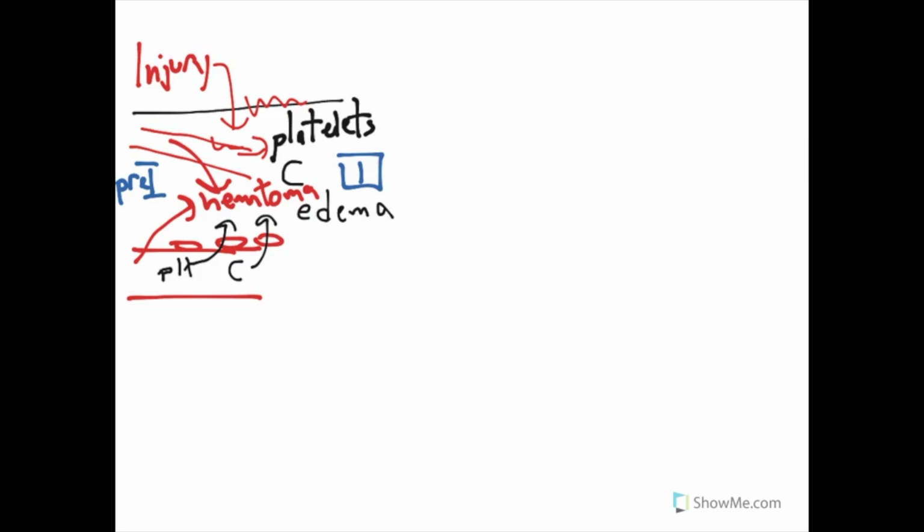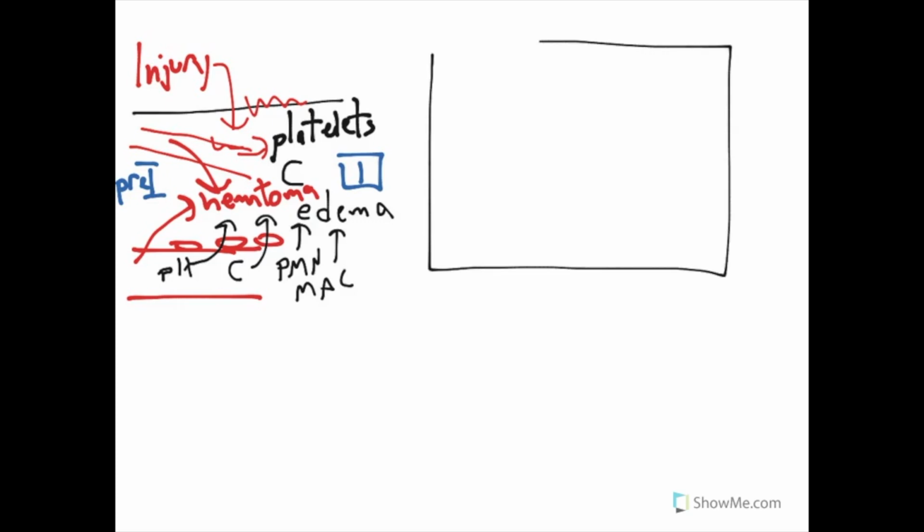This is where there are some other players that come in along with platelets and complement. We have the neutrophils, polymorphonuclear cells. We have macrophages. They all leak into this area, and I'll redraw it as a bigger box right here. We have our neutrophils, our macrophages, our platelets, our complement.